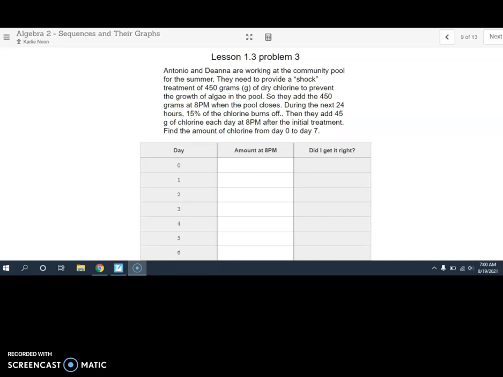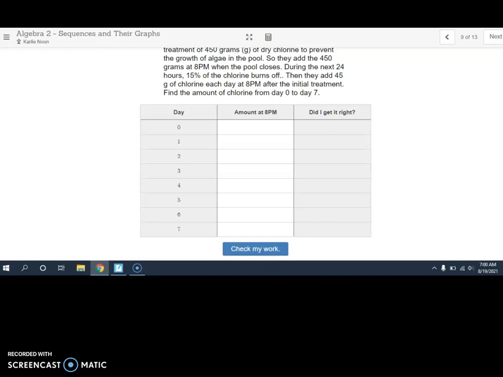I mentioned earlier that we're going to return back to the decimals activity. So on screen 9, this is the problem you're currently working on. I have the table set up here so that you can actually put in your answers. The first answer was 450. Then we found about 85% of what was left, and then added in the next treatment.